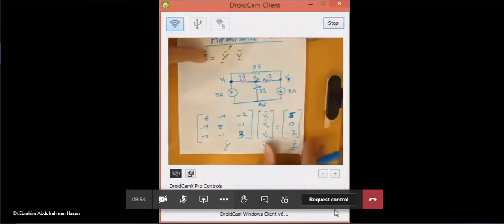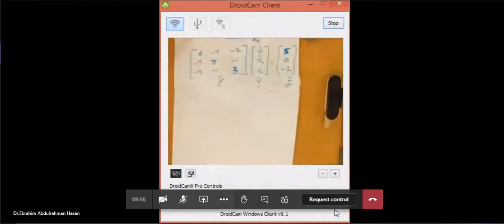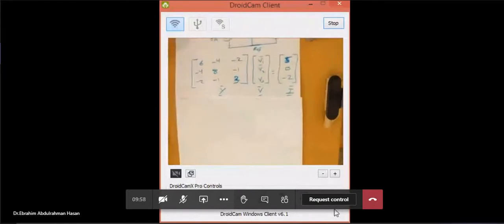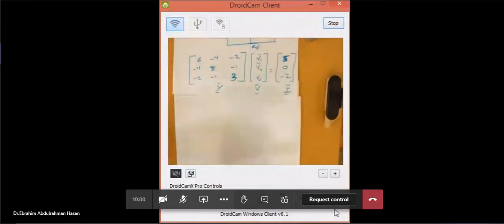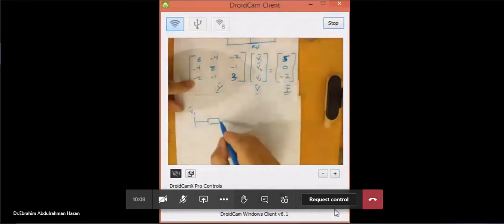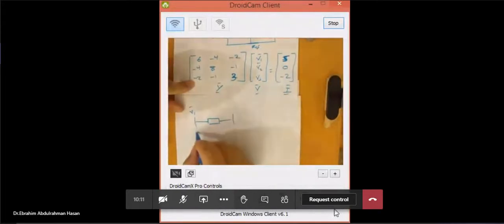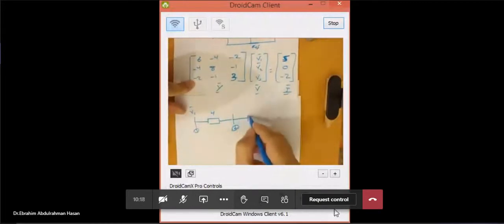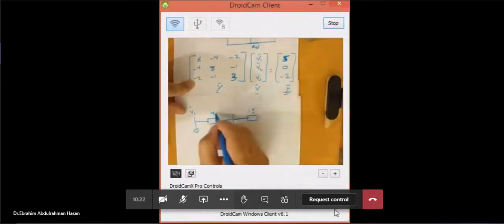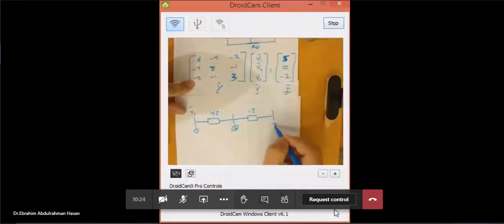So similarly here, for the network we have something like this. This circuit has bus number 1, so this is V1, connected to bus number 2 with 4 siemens. And here we have another line with 1 siemens connected to bus number 3.